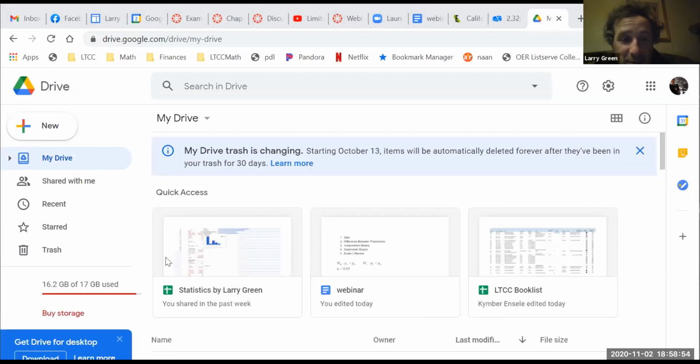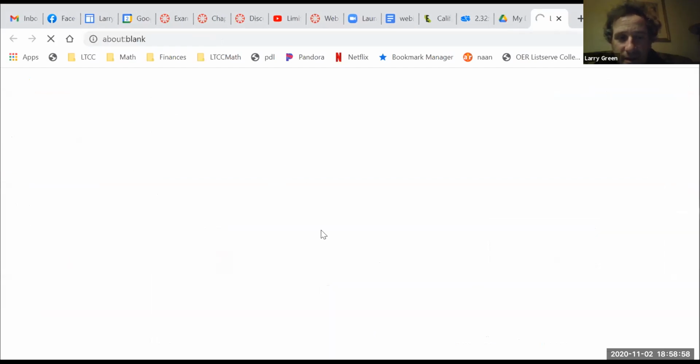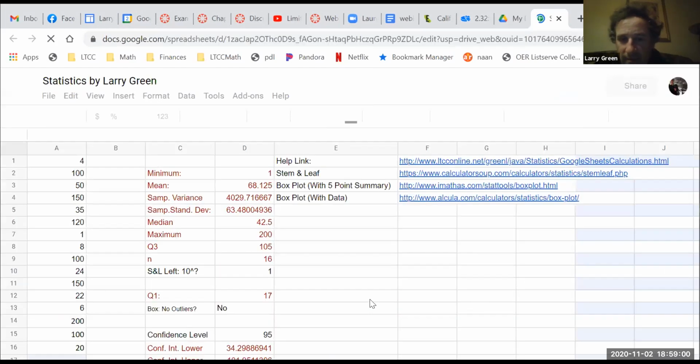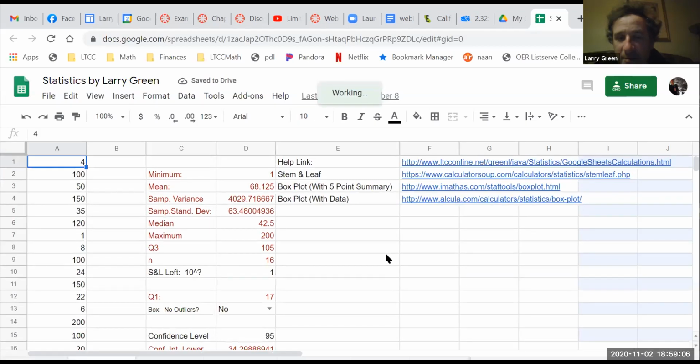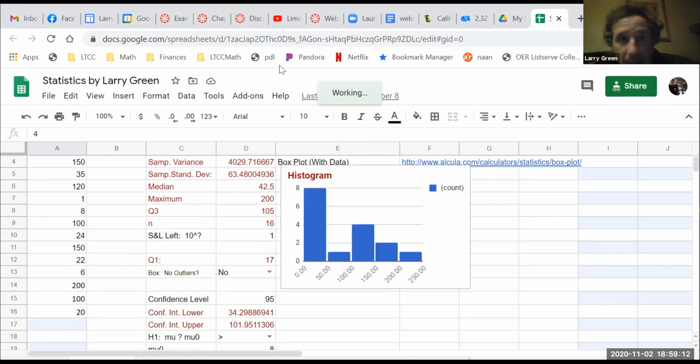This is the same spreadsheet we used for project 1. But the big difference between project 1 and project 2 is the following. Let me maximize it.